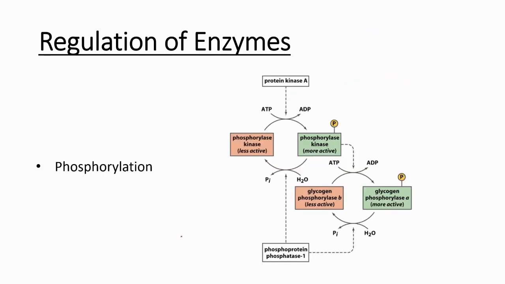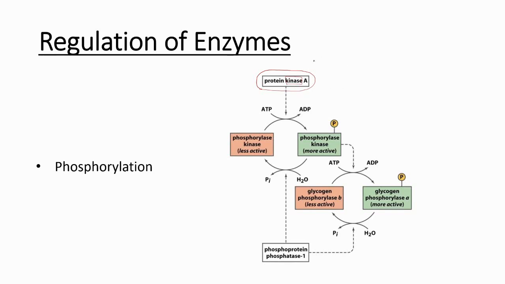Okay. Finally, one important way in which many enzymes are controlled is phosphorylation. Phosphorylation is important in controlling different signaling pathways inside the cell, and you will learn about this in A2. So an important protein which phosphorylates targets is called protein kinase A. And the word kinase tells you that it will phosphorylate its target by adding a phosphate group.